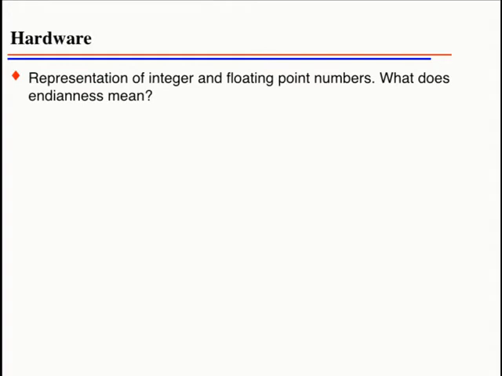Yes? Well, there's a fixed number of bits that are reserved to represent the precision. So the numbers representing the floating point number, and then there's also a basis and an exponent.